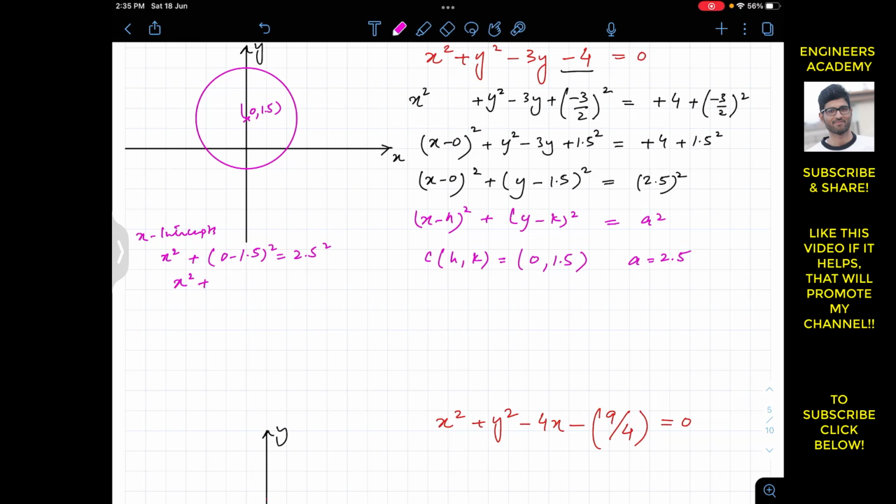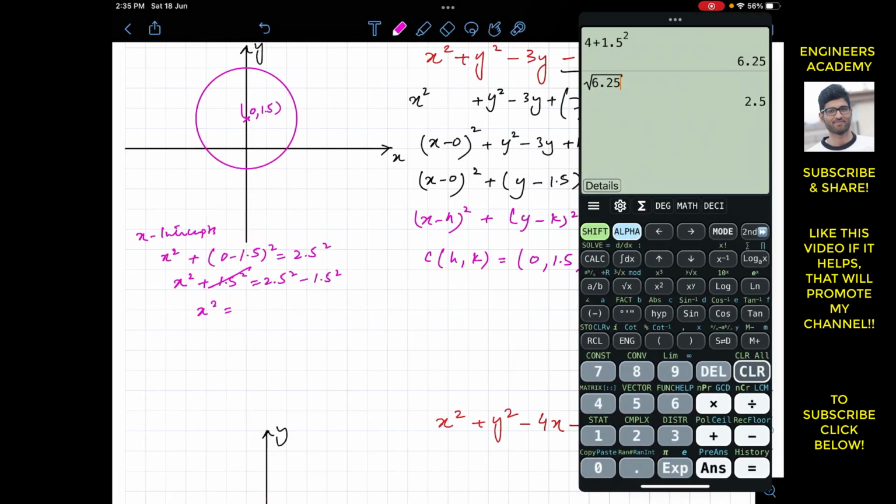So this is x² + 1.5² = 2.5², and this 1.5² on the other side will become minus 1.5². So x² = 2.5² − 1.5².